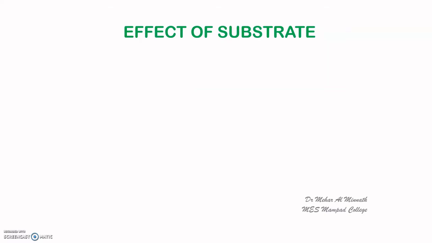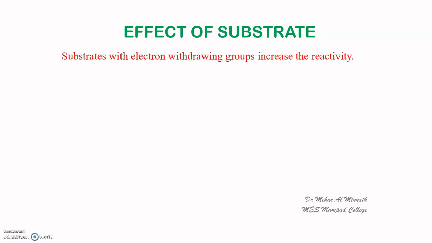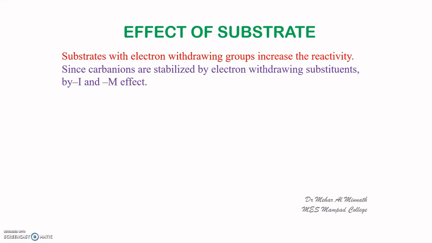Now we know that the substrate must form a carbanion, and the formed carbanion must be stable. So substrates with electron withdrawing groups on them will have increased reactivity, because when the carbanion is formed, it will be stabilized by the electron withdrawing substituent by the -I effect.